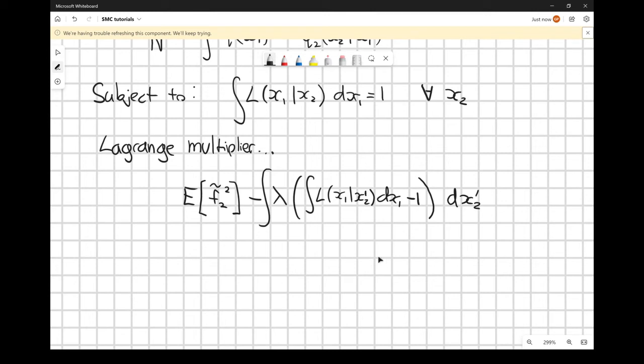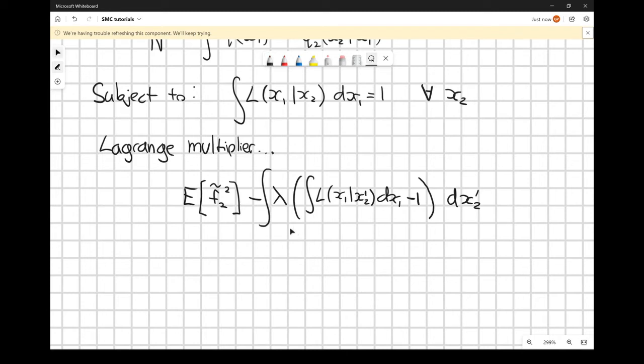This is sometimes called a dummy variable, and it's because when we expand our expression for the expected f2 squared here, we'll have some x2s written here as well. So it's just to make sure that there's a clear difference between the x2s that belong in here and the x2s that are considered in this integral.